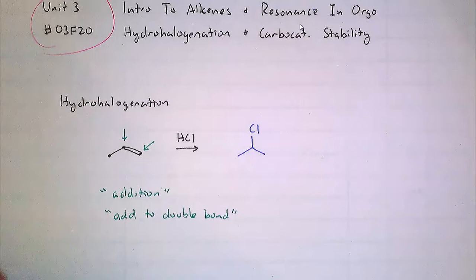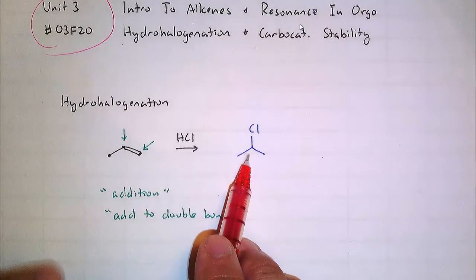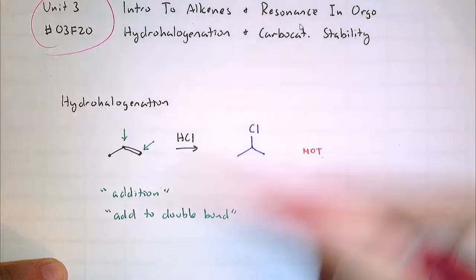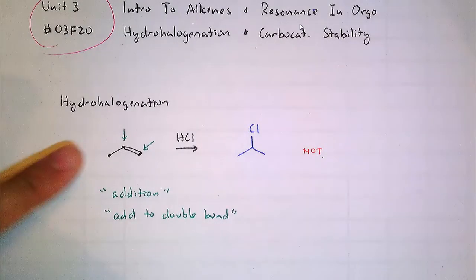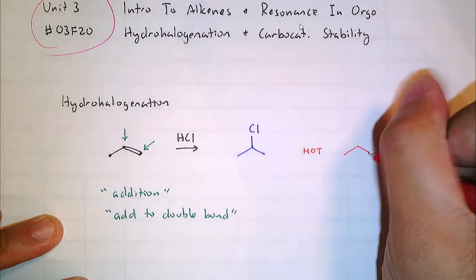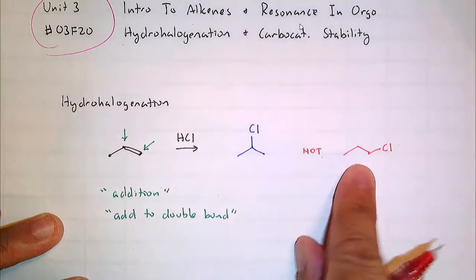So I mentioned that the chlorine goes on the central carbon. Let me show you the product that we don't get, although you may think we get it, and that's this one here, where the chlorine goes on the other double bond carbon.